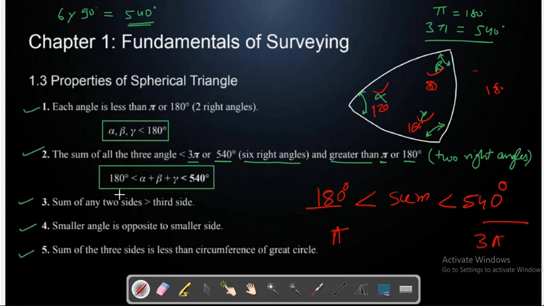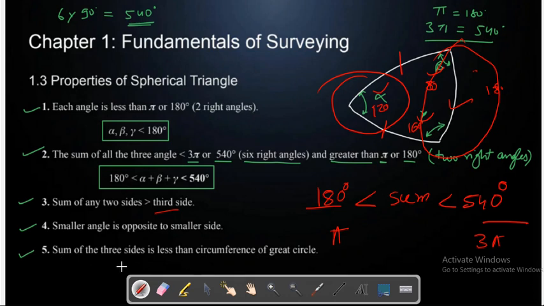Next, the sum of any two sides will be greater than the third side. That means if you sum up these two distances, they will obviously be greater than this distance. Similarly, if an angle is small, the opposite side will also be small.